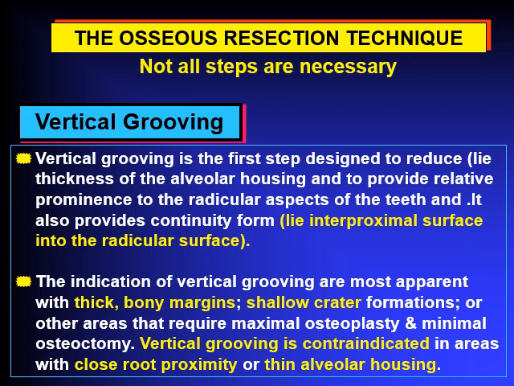We do vertical grooving in case of thick bony margins, shallow craters, or other areas that require maximal osteoplasty and minimal ostectomy. The contraindication of vertical grooving is in areas where the teeth with the roots are in close proximity, or thin alveolar bone housing.